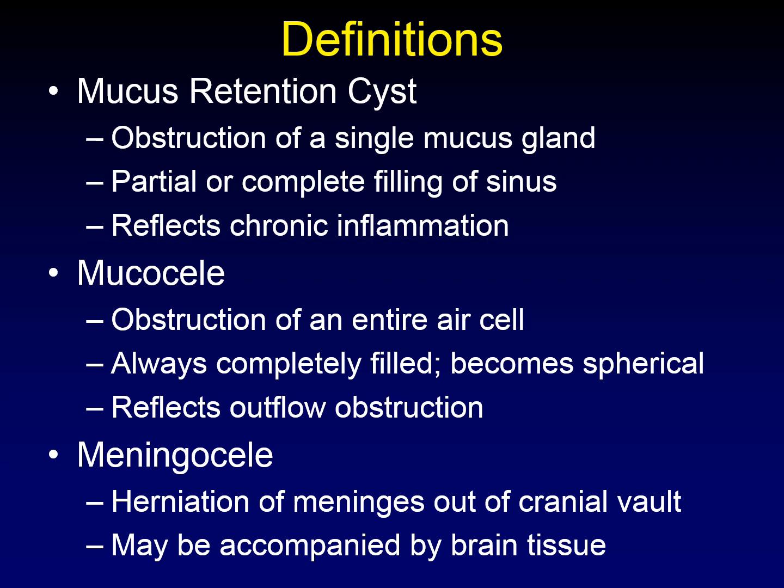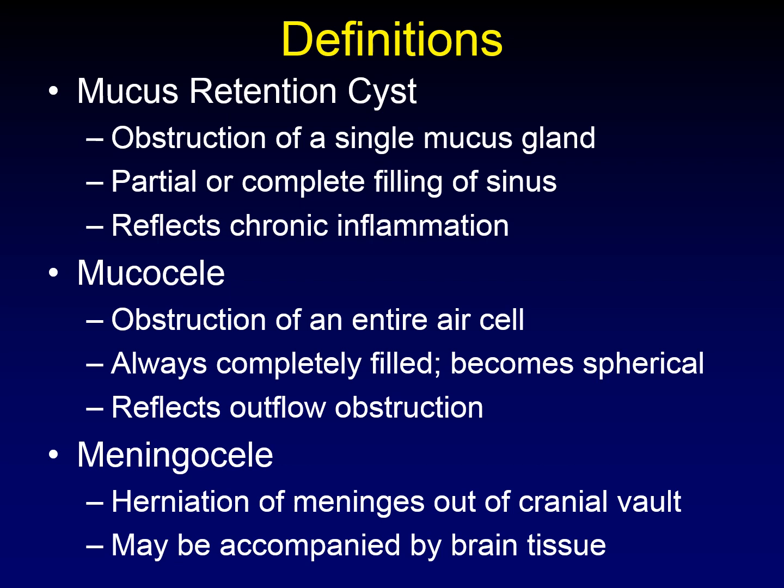A mucocele is what happens when you obstruct an entire air cell, either an entire mastoid air cell or an entire paranasal sinus. That air cell always becomes completely filled. It's never partial. And very importantly, there is a change in the configuration of the sinus. The pressure that it's under remodels the wall, and it becomes more spherical in configuration.